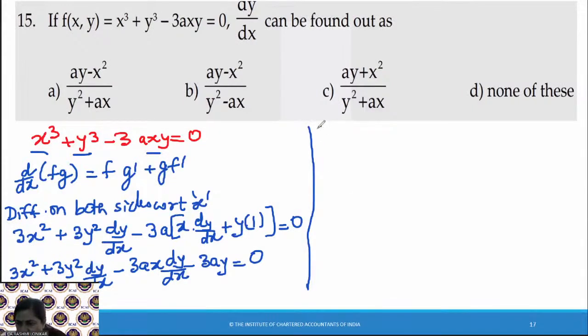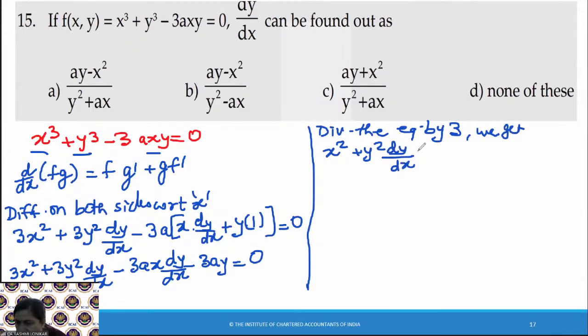So dividing the equation by 3, we get x square plus y square dy by dx minus ax dy by dx minus ay is equal to 0.